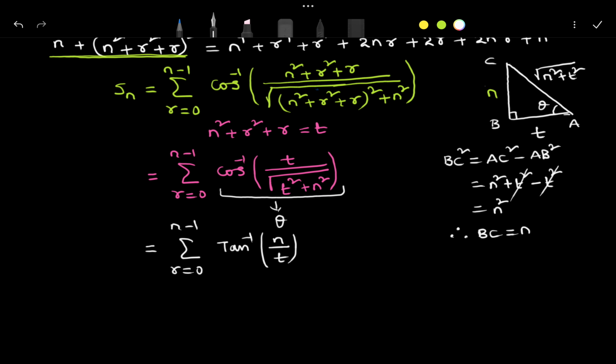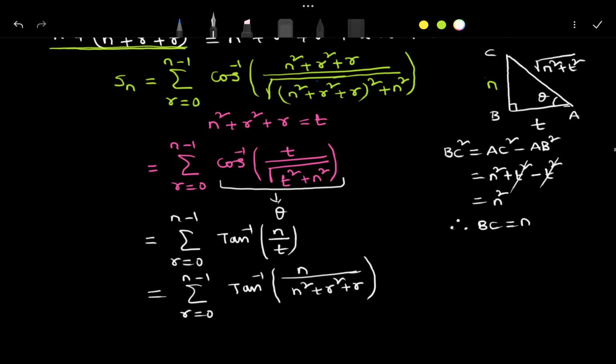What is that t value? So it equals the sum from r = 0 to n−1 of tan inverse of n divided by t, where t is n² + r² + r. So this is the t value. After this, now take n² as common in the denominator.